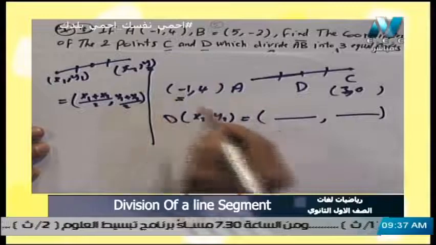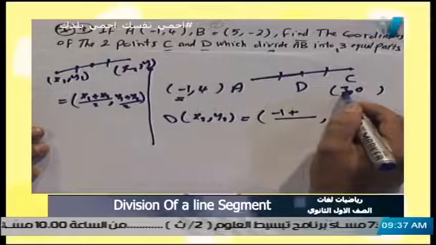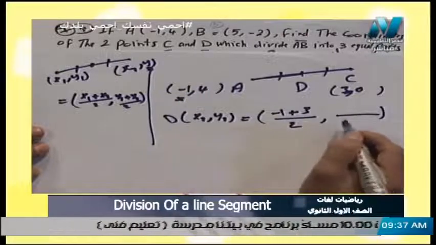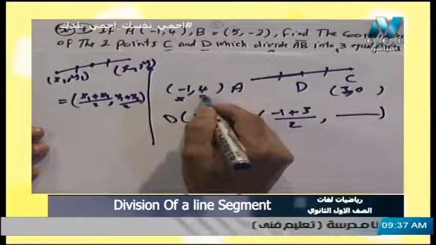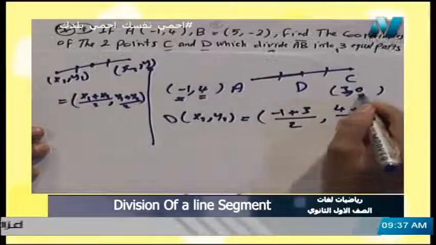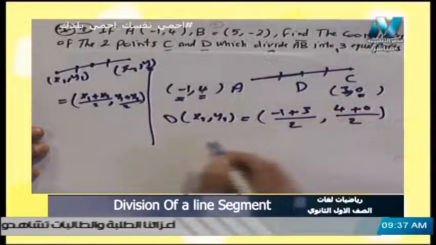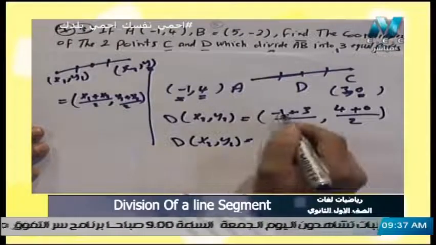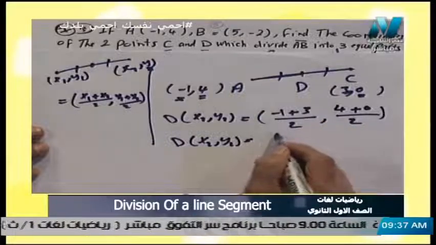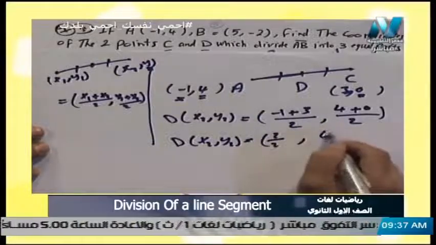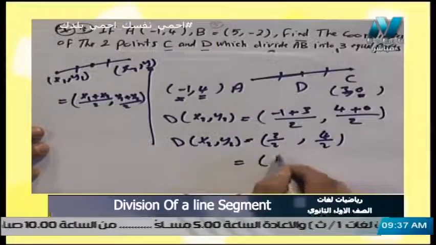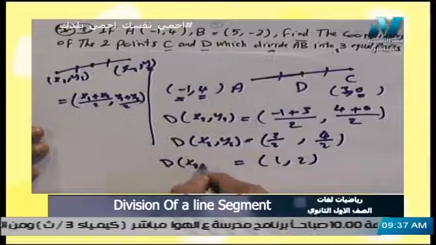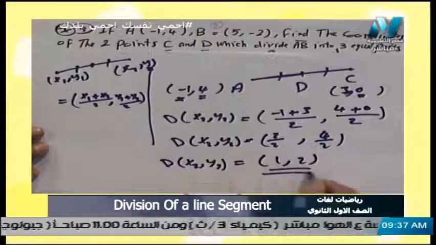Equals x1, which is negative 1, plus 3, which is x2, over 2, and this part will be y1, which is 4, plus y2, which is 0, over 2, and then D equals negative 1 plus 3 equals 2 over 2 and 4 over 2. The final answer will be 1 and 2. So the point D coordinates will be 1 and 2.